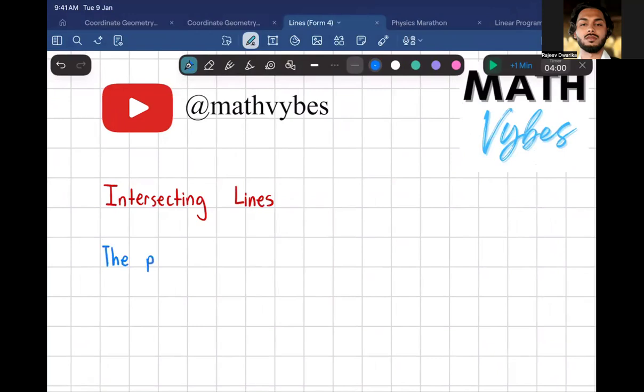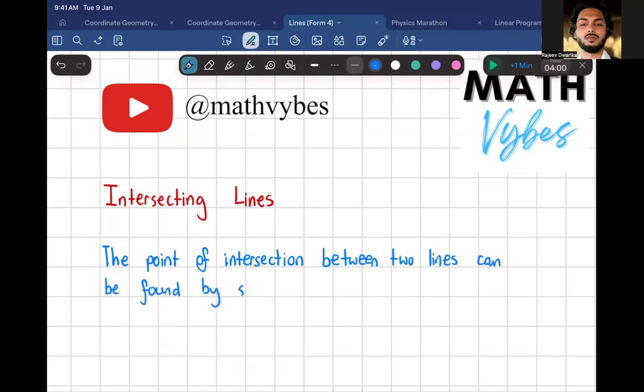The point of intersection between two lines can be found by solving the system of equations.